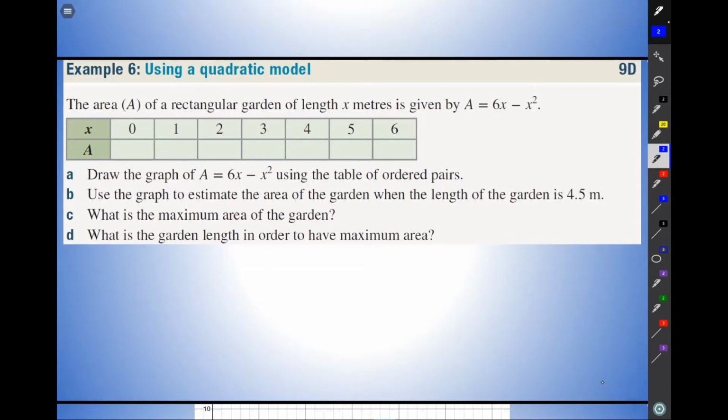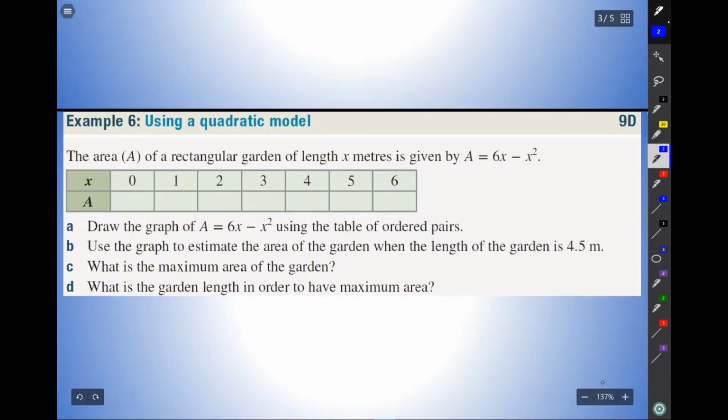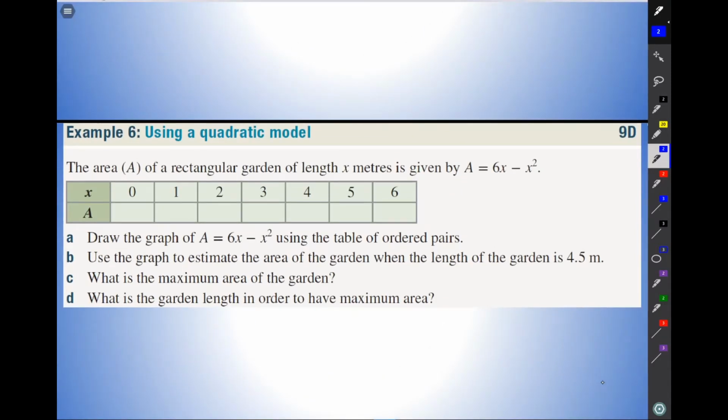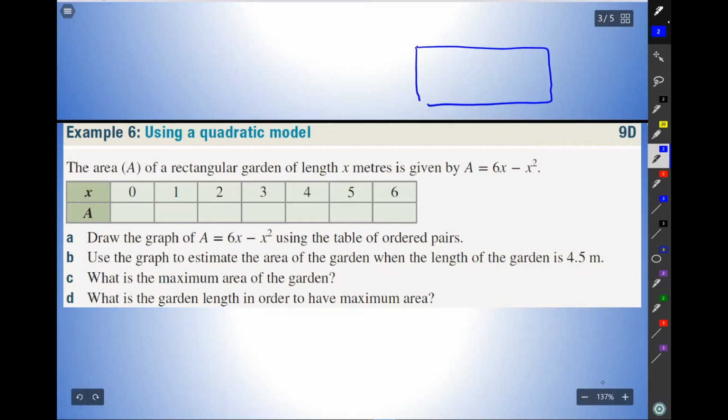So let's look at this. The area of a rectangular garden of length x meters is given by... So basically there's a garden here that looks something like this. Actually, I didn't draw that very well.